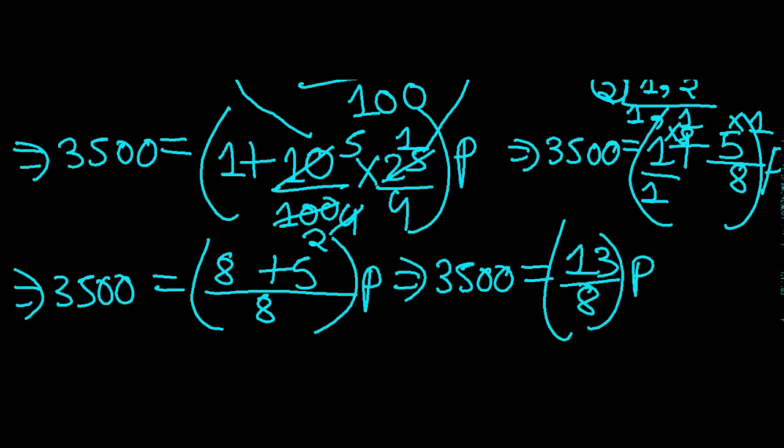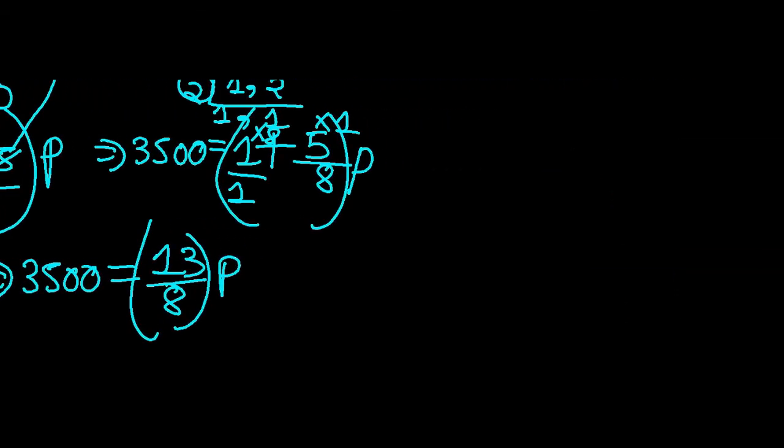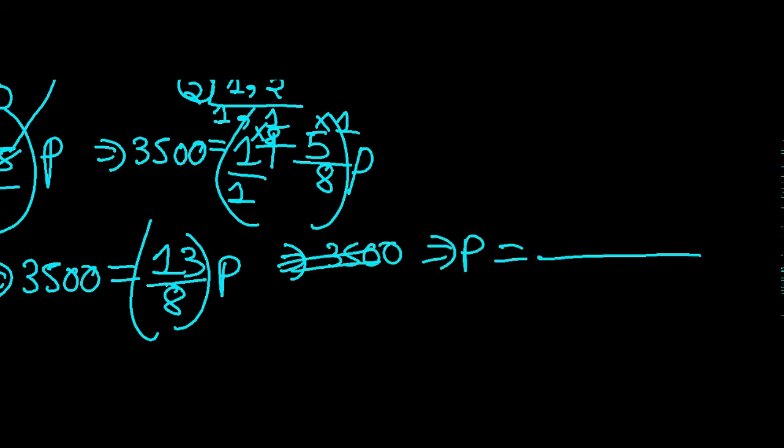and multiplied into P. Friends, actually I am showing you this sum step by step, so it is taking a bit long time. Equal to 3500 into 8 by 13. So let's calculate this.